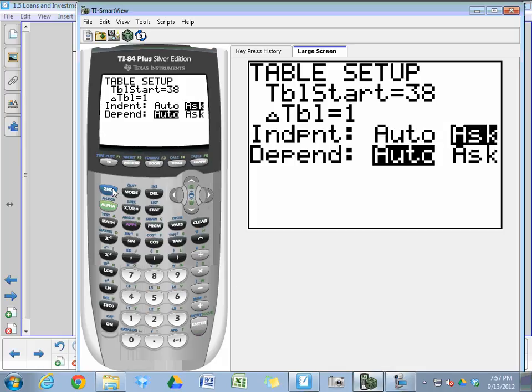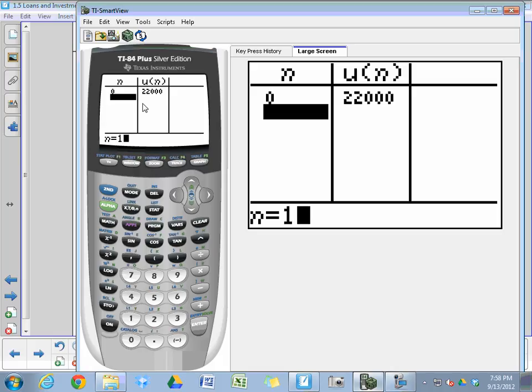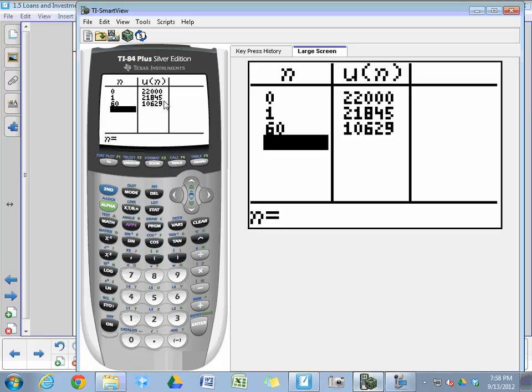When you do that, it's going to blow away all the numbers that were in the table. So now I hit second table to come back here. It's waiting for you to input a month, 0. Hit enter, it'll give you the amount. Enter the month, 1. Enter will give you the amount, 21,845. So let's check to see after 60 months, do we have this car paid off? No, we're down to 10,629.